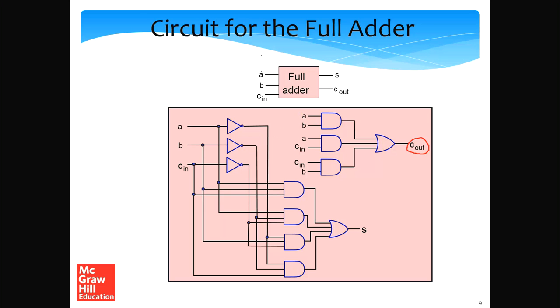So this is A and B, this is A and carry in, and this is B and carry in. So what we do is that we have three AND gates and we have an OR gate whose output is carry out.